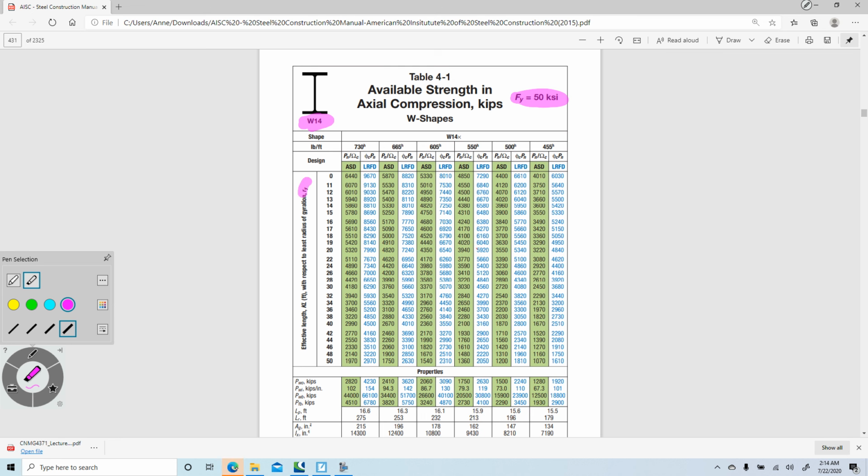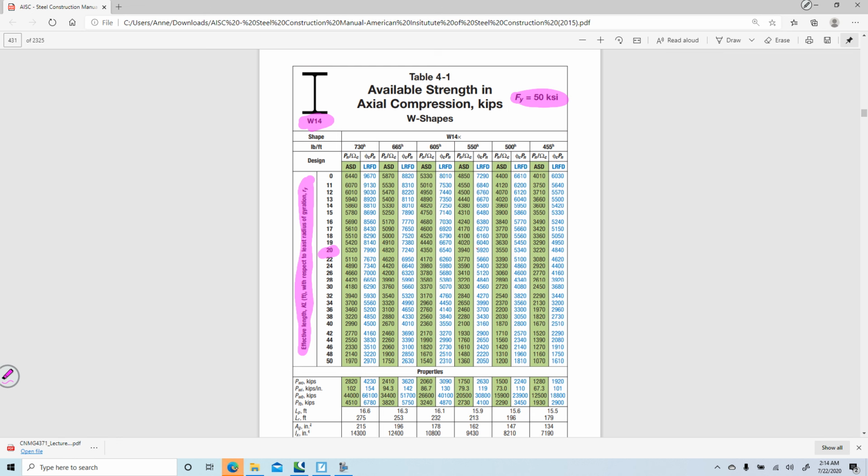Then I know my effective length. If I have an effective length of 20 feet, I know that a W14 by 550 can hold 5,920 kips. But this assumes you're looking at KL with respect to the least radius of gyration, RY.